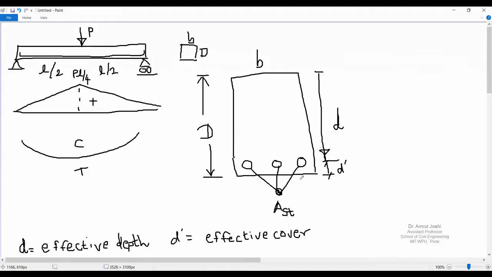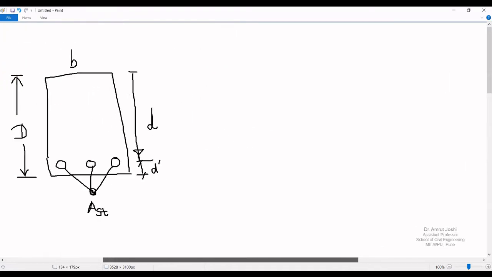So these are the two terminologies that we have defined now: effective depth and effective cover. So once we have defined capital D, that is overall depth, small d, that is effective depth, and d dash, that is effective cover.